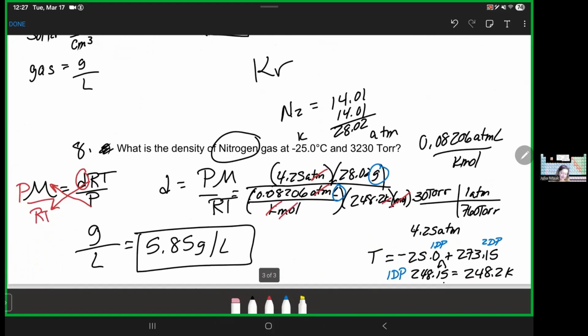If they ask for the density, you're using the same equation, you just rearrange it to solve for density. That is all I can think of at this moment that you can do with the ideal gas law. There's a lot of different things you can do with it. I think that's all I have to say about the ideal gas law today. Have a great day.